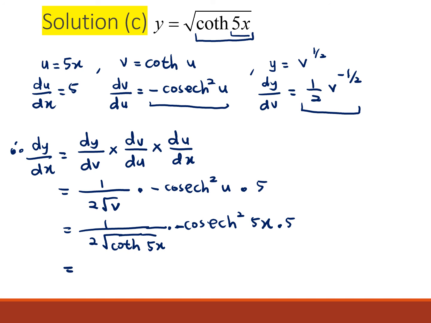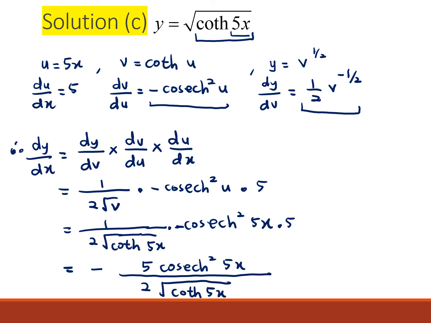So we simplify this, we get negative 5 cosecant hyperbolic square of 5x over 2 times square root of cotangent hyperbolic of 5x.